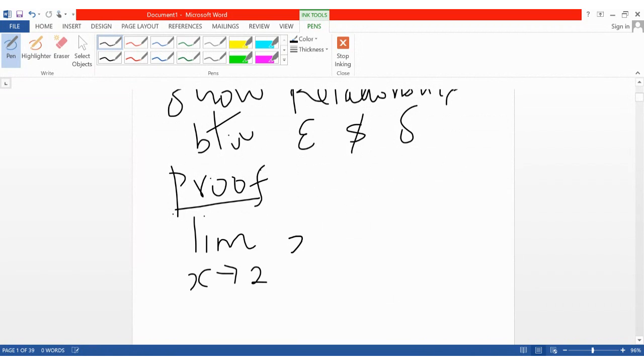We had done that one before, so let me choose a different one, x plus 8. Can you try that one? The limit as x approaches 2 of x plus 8.